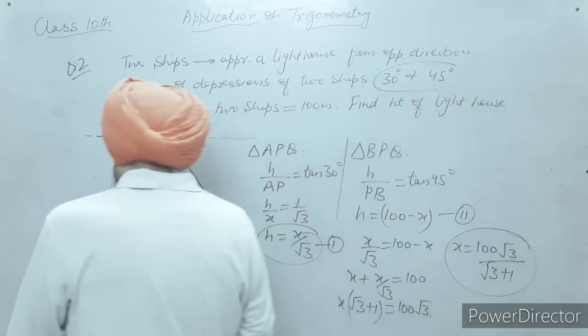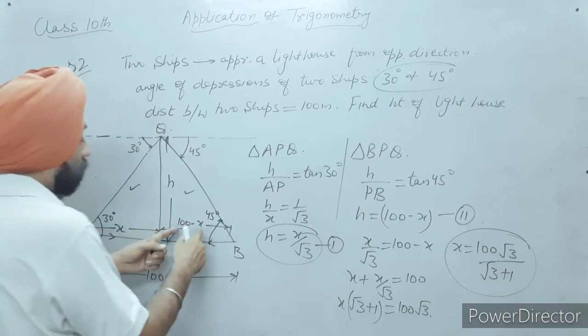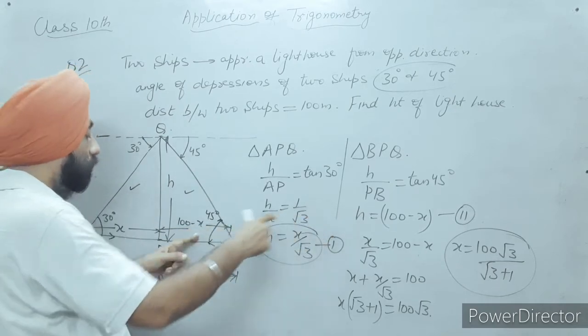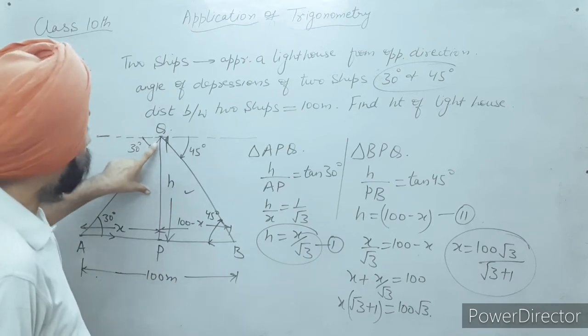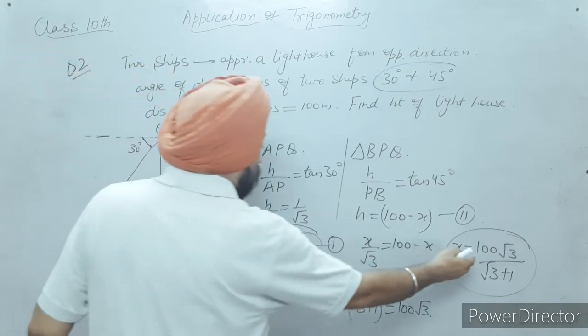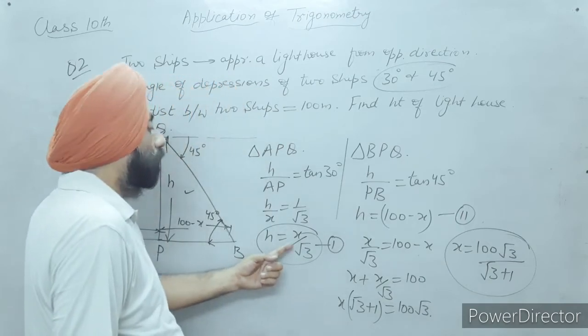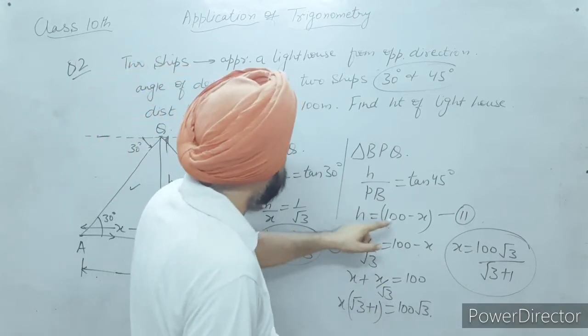This is the first distance, and 100 minus this value will give you the PB distance. But we were required to find the height. We can substitute x either in this or in the second equation.